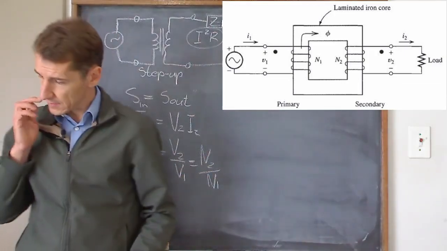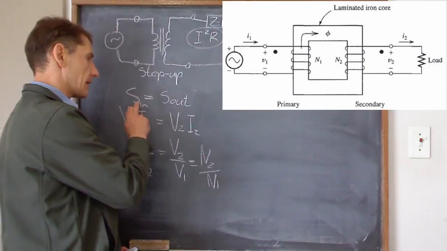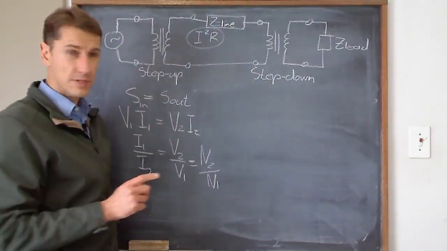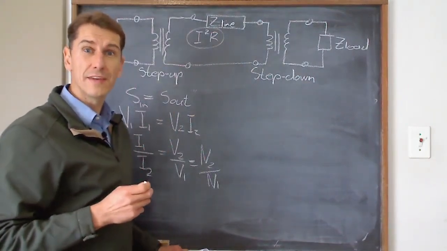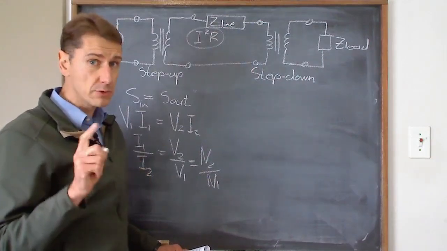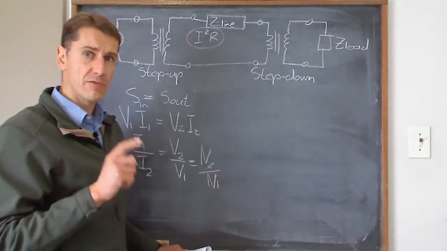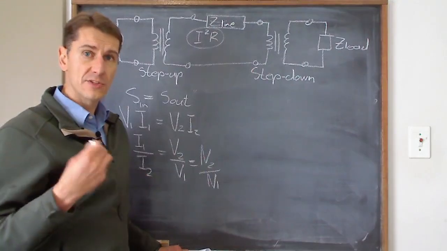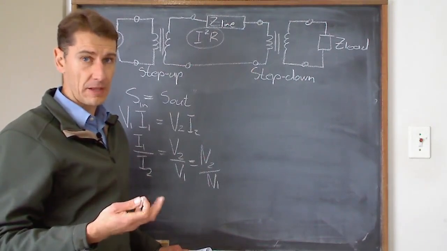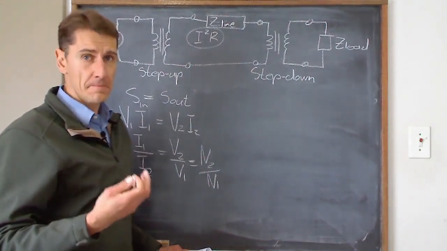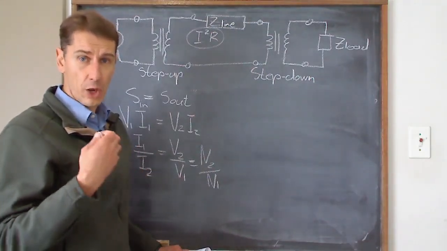And then they discuss the power in an ideal transformer, which is just the fact that power in equals power out. Notice I'm talking S and S because transformers are always rated in VAs, volt amperes. Motors are rated in watts. Transformers are rated in volt amperes. Why? Because they have to supply the load with both active and reactive power. If you've got a poor power factor, then the transformer needs to supply a lot of VARs along with the watts.